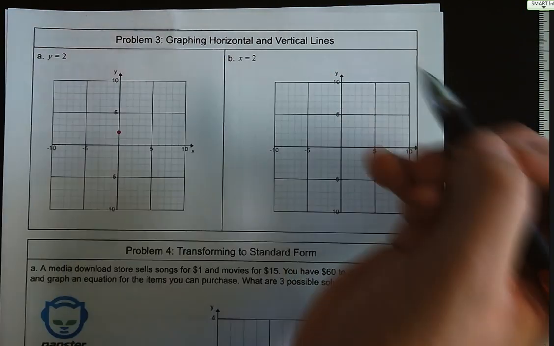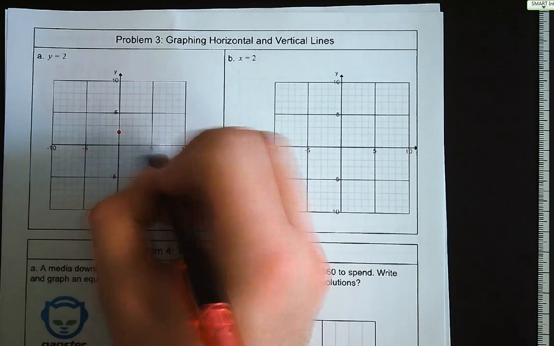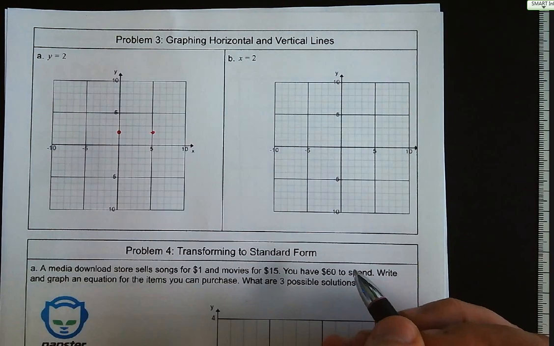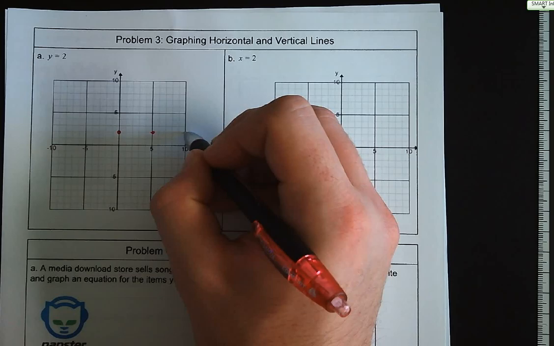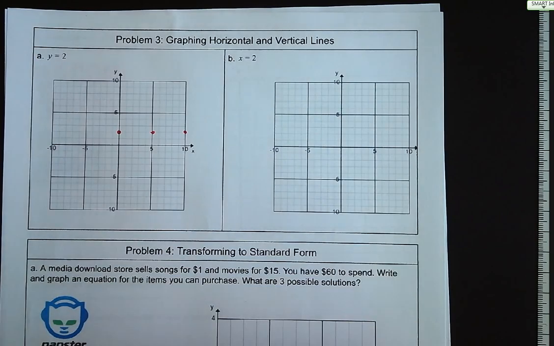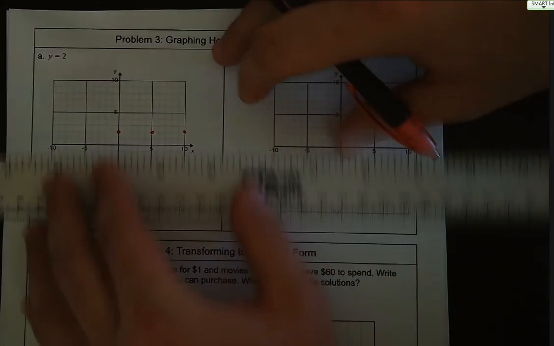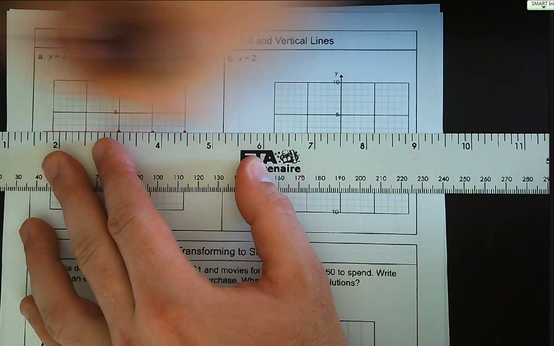Well, there's nowhere to plug in 5. So the coordinate for 5 is going to be at 2. What if we plug in 10? Again, there's nowhere to plug in x, so it's just going to be 2. So it is going to be a horizontal line. Y equals anything is a horizontal line at that point.